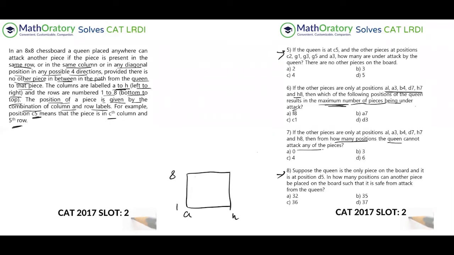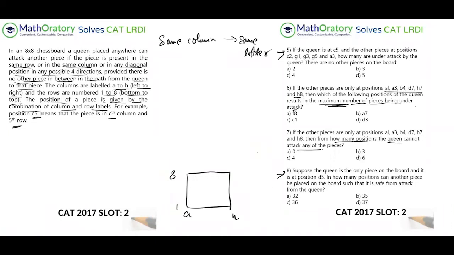So apart from that, you can attack anything on the column that the queen is on. Being on the same column, what does that imply, or how do we infer that from the position name? If it is the same column, it should be the same letter, right?